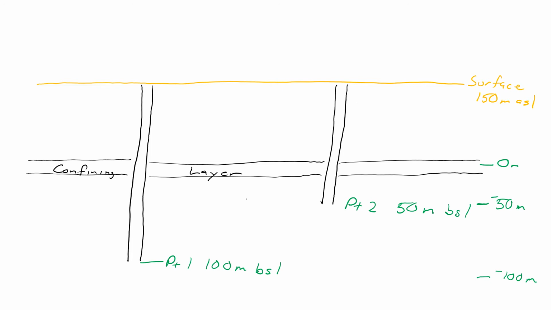What do we say about where the water rose in well 1? It must reach within 20 meters of the surface. Okay, so if you went down from the surface, you'd go down 20 meters and you would reach water.